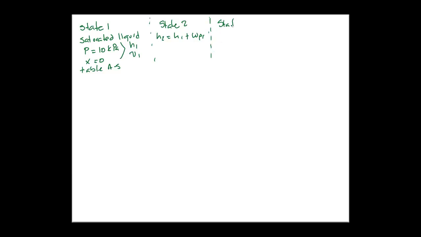So state 3, we know that the pressure is 0.8 megapascal, because it's the same pressure that we have in the bleeding of the turbine, and quality is 0, because we have saturated liquid. So from here we can get H3 and V3.